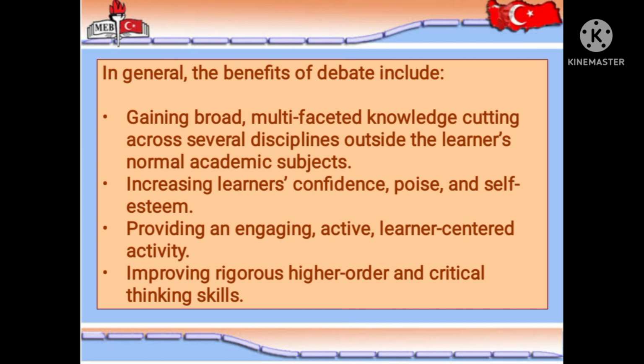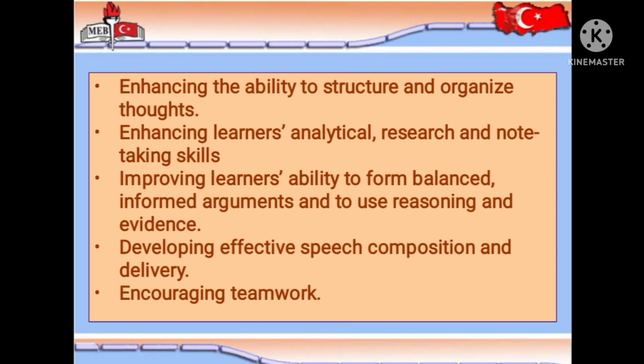Fourth, improving rigorous, higher-order, and critical thinking skills. Fifth, enhancing the ability to structure and organize thoughts. Sixth, enhancing learners' analytical, research, and note-taking skills. Seventh, improving learners' ability to form balanced, informed arguments and to use reasoning and evidence.